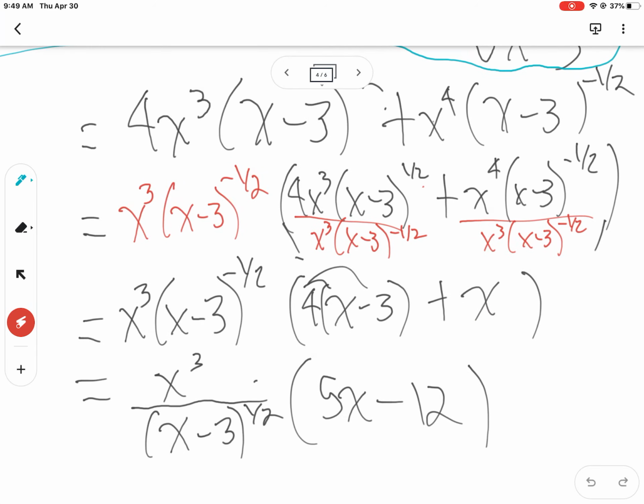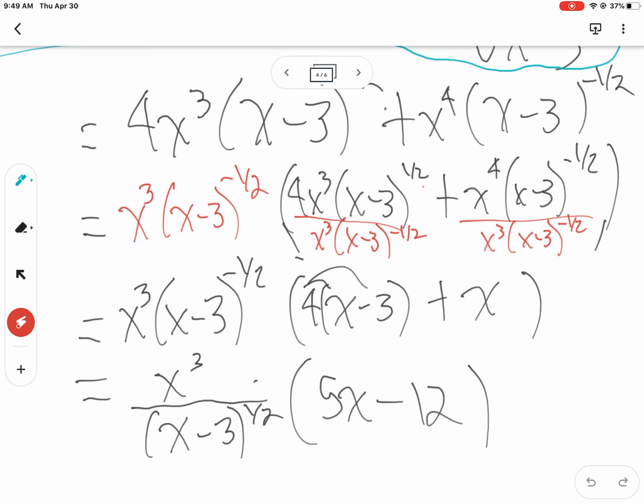Now what I have to do is simplify this bracket. So it's going to be 4 times x, which is 4x, plus that x gives us 5x. Then I've got 4 multiplied by negative 3, and that's negative 12. Okay, so there's my brackets, done.